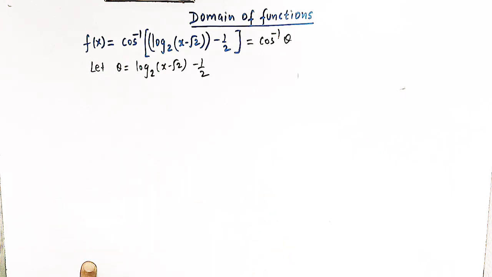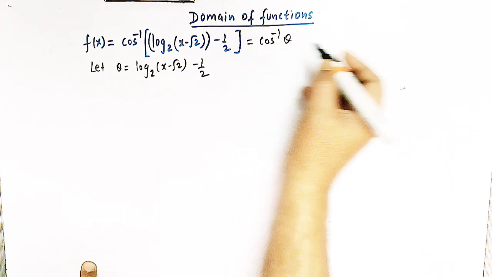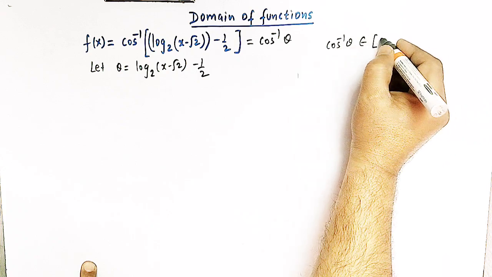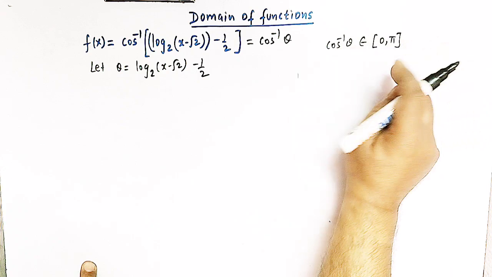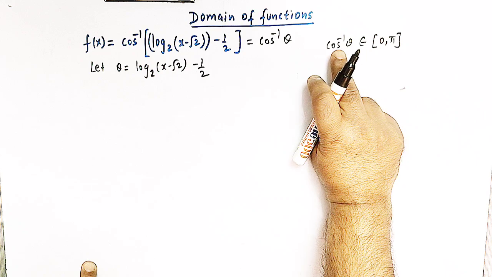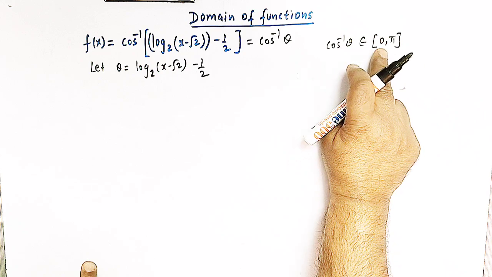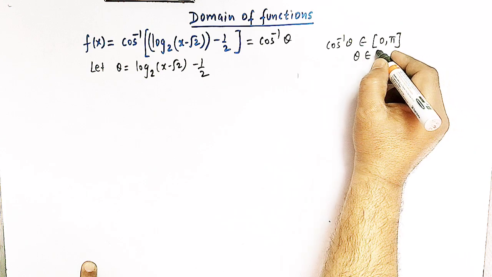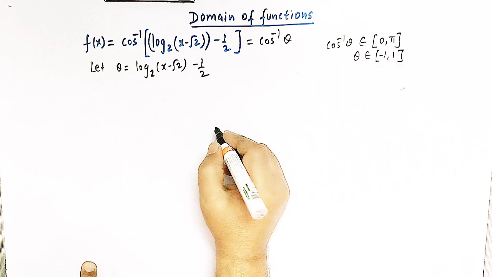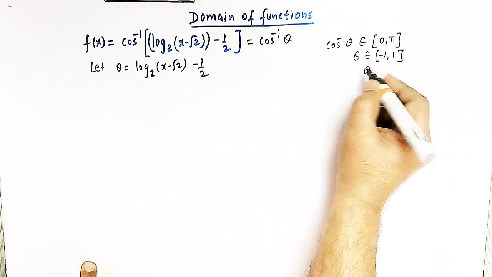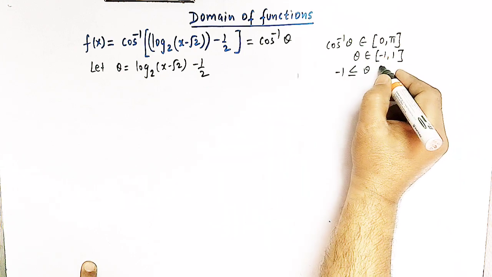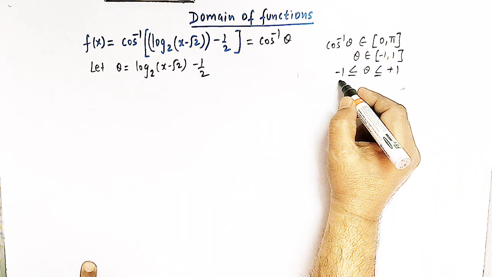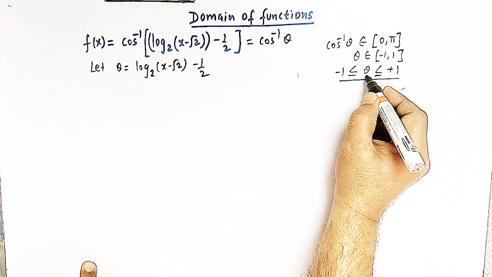Now from inverse trigonometric functions we know that cos inverse theta belongs to the closed interval 0 to pi, that is, the range of cos inverse theta is from 0 to pi, provided theta belongs to the interval minus 1 to 1, that is, theta is greater than or equal to minus 1 but less than or equal to plus 1. So let us make use of this inequality.